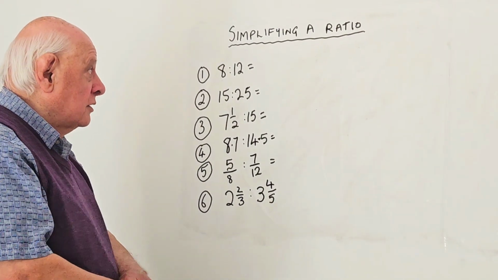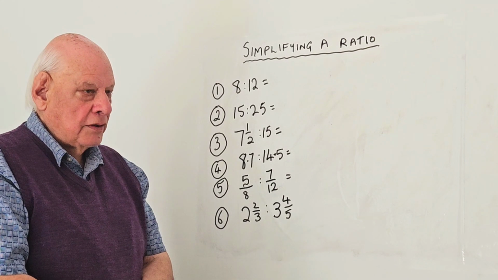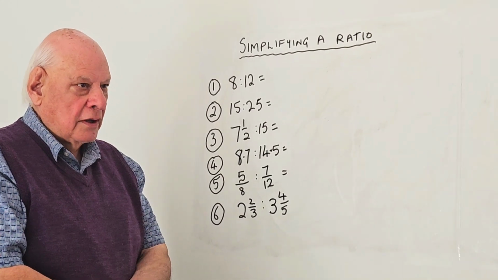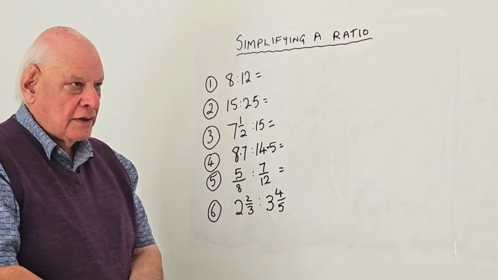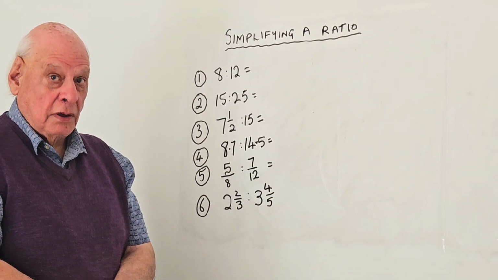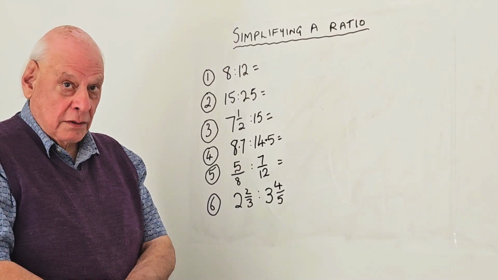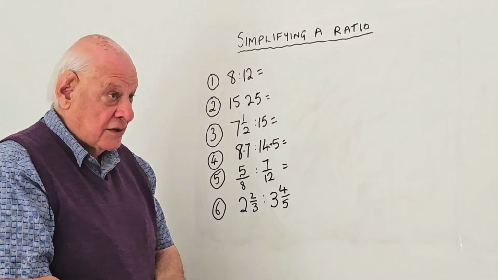I'm now going to explain how to simplify a ratio. I've already explained before, I think, if you watched the video, that if you multiply or divide both components of a ratio by the same number, the ratio is unaltered, remains the same.